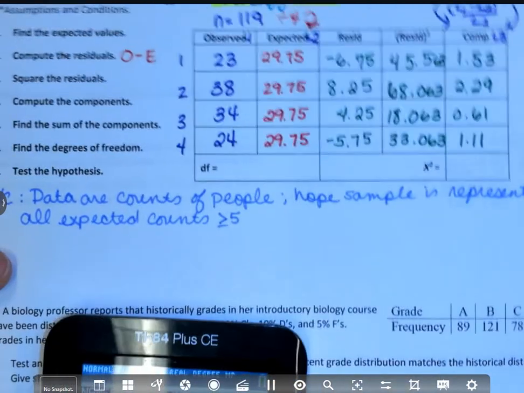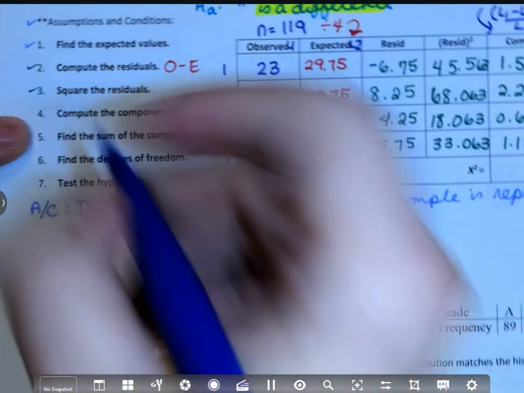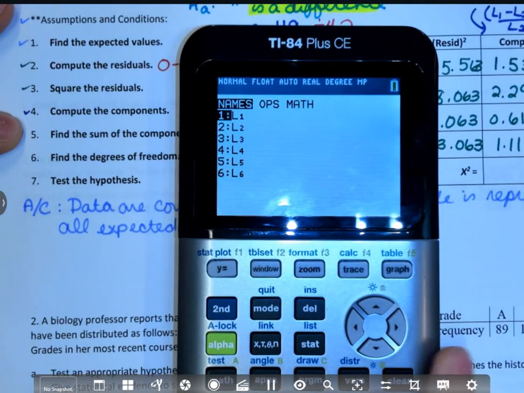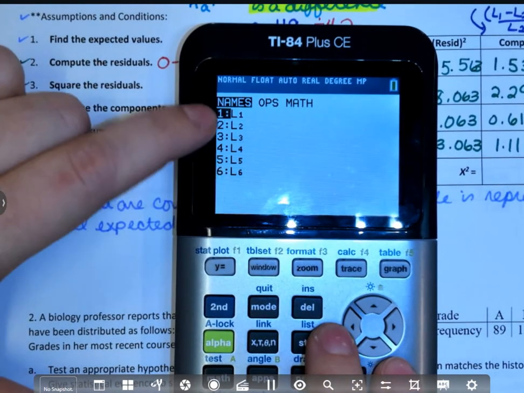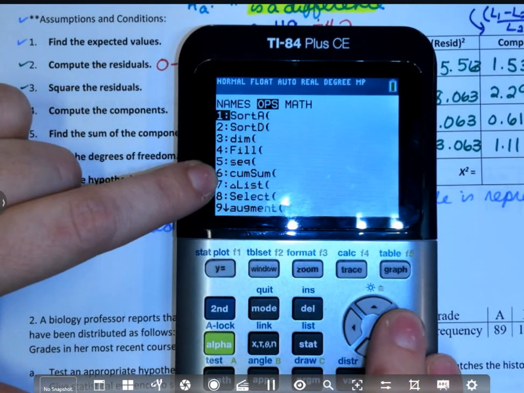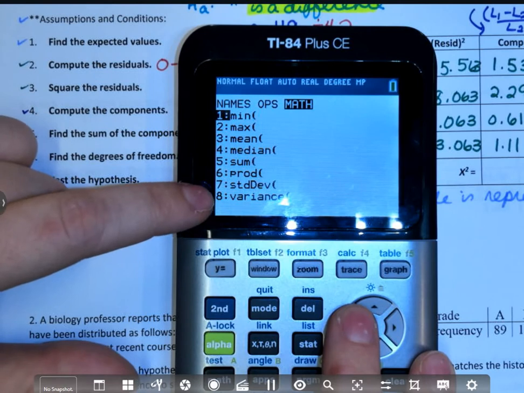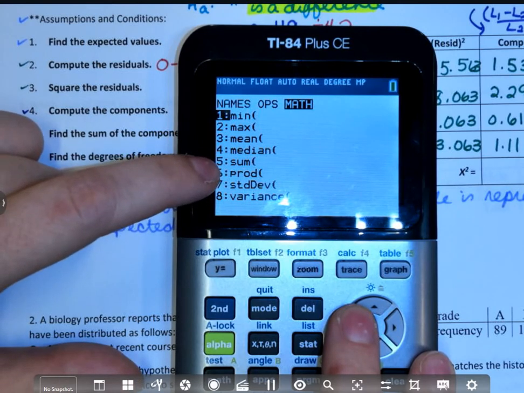So what I'm going to do now is it says find, I've computed the components, now I'm going to find the sum of the components. Watch how nice this is. What I just did is I went second stat, because that'll give me all of my lists. I'm going to go over to math. You see 5 says sum.